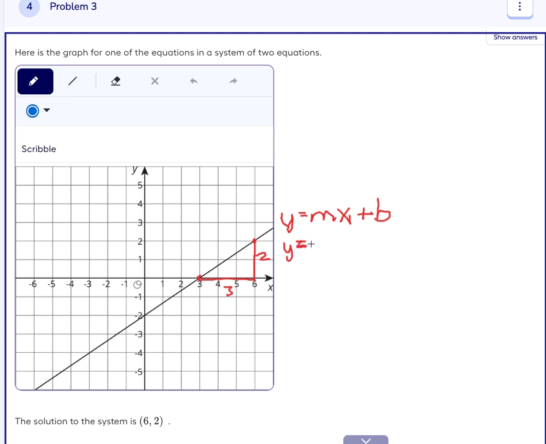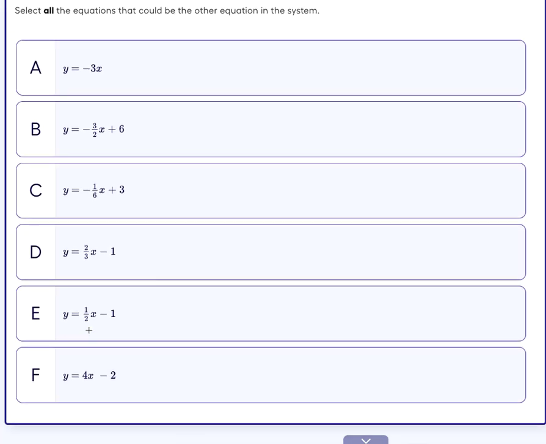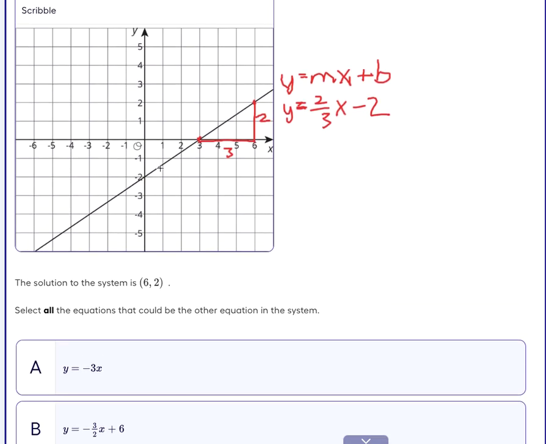So y equals our slope, which is 2 over 3, x plus our y-intercept. Our y-intercept in this case is -2, so it will be -2. So this is the equation of the line. We're supposed to find the equation or equations of other lines that could possibly be in the system.